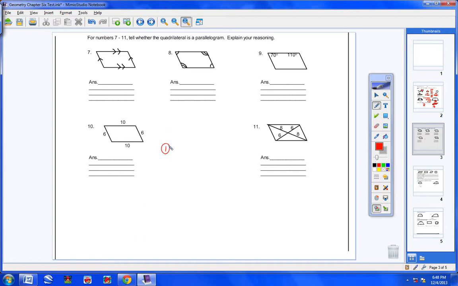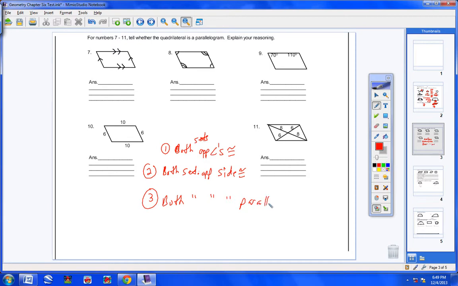The first one is both sets of opposite angles are congruent. Number 2, both sets of opposite sides congruent. Number 3, both sets of opposite sides parallel.